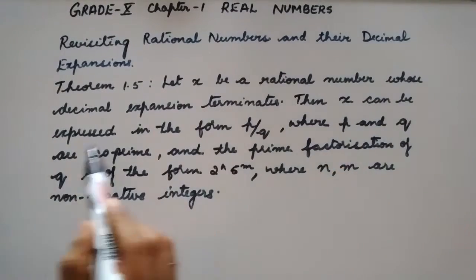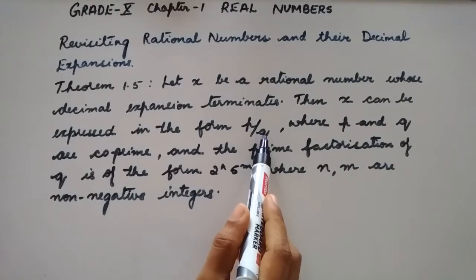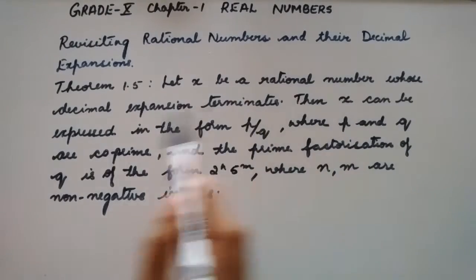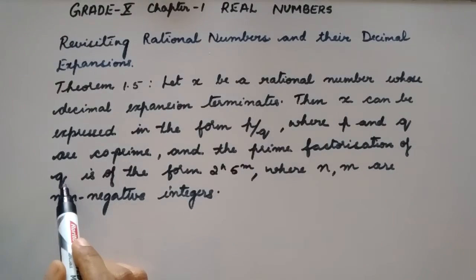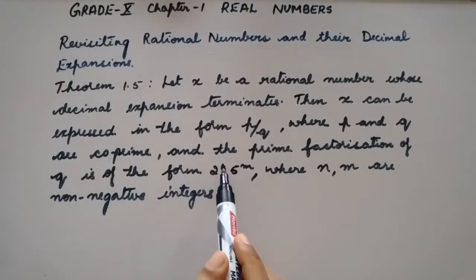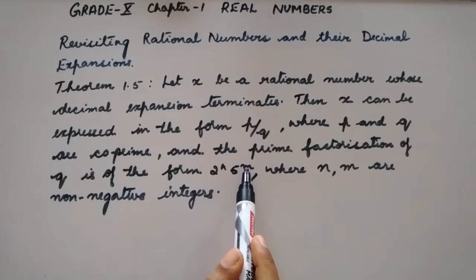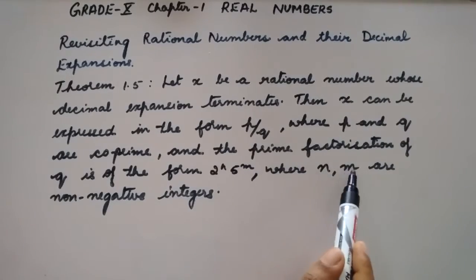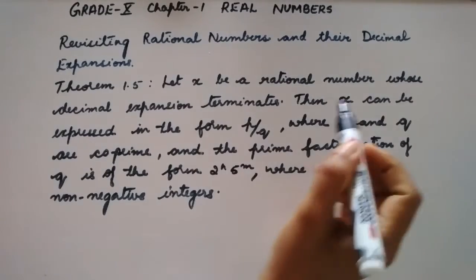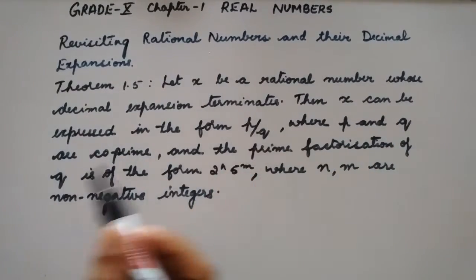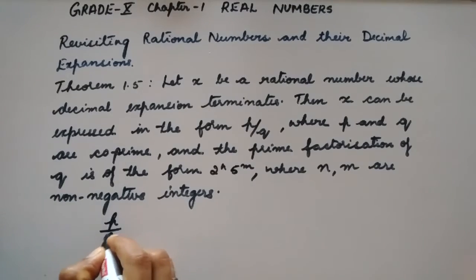Then x can be expressed in the form p by q, where p and q are co-prime and the prime factorization of q is of the form 2 to the power n, 5 to the power m, where n and m are non-negative integers.